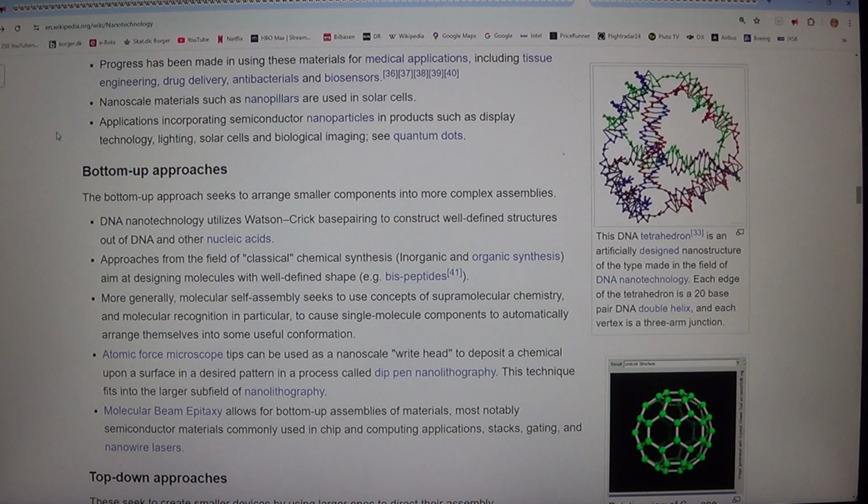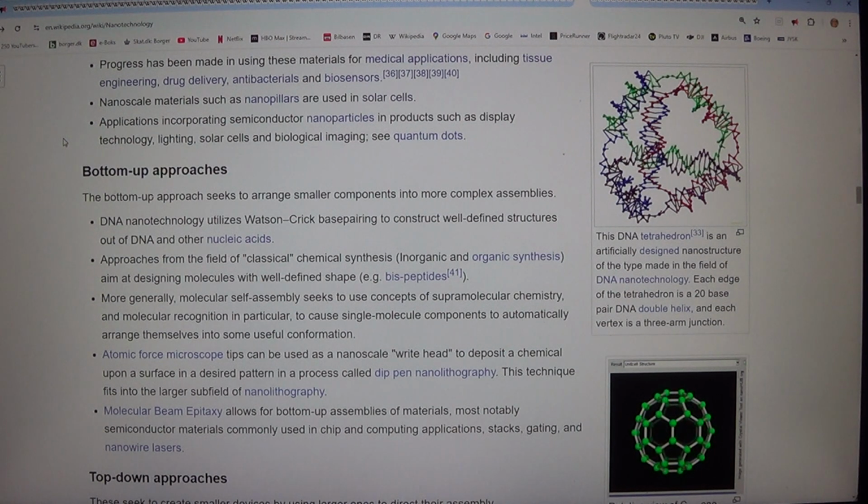Bottom-up approaches. The bottom-up approach seeks to arrange smaller components into more complex assemblies. 1. DNA nanotechnology utilizes Watson-Crick base pairing to construct well-defined structures out of DNA and other nucleic acids. 2.